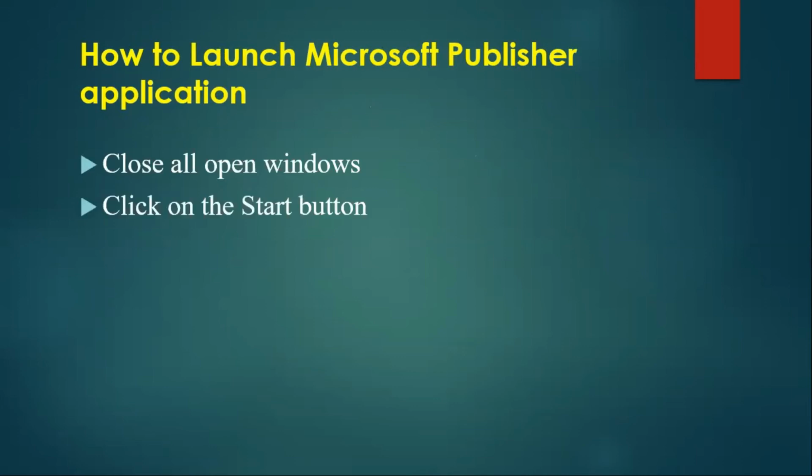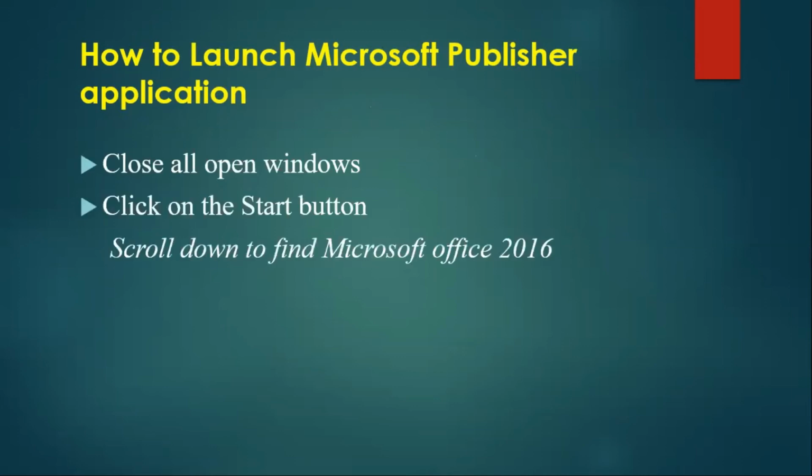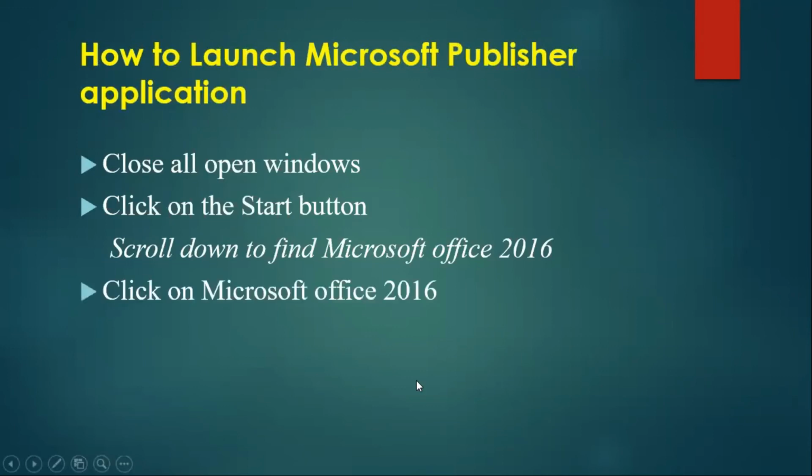You click on the start button. Then you scroll down. Then you click on Microsoft Office 2016. Then you select Publisher 2016.